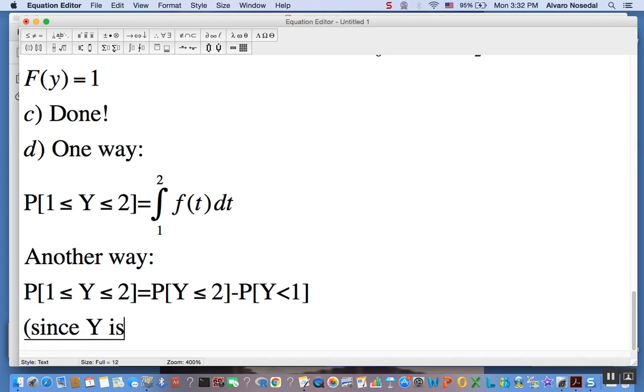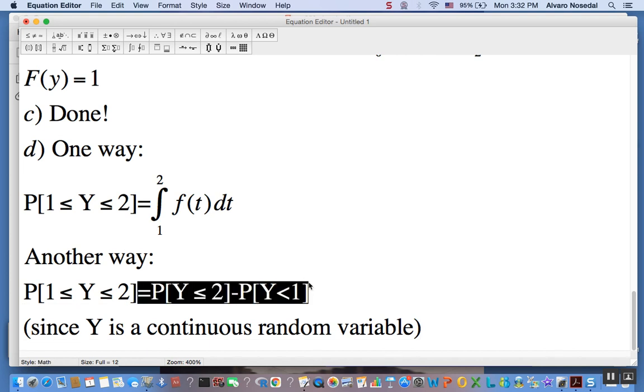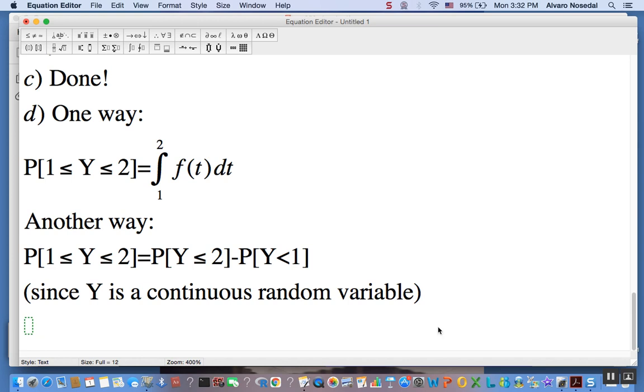So let me just say that since y is a continuous random variable, this is the same as this.